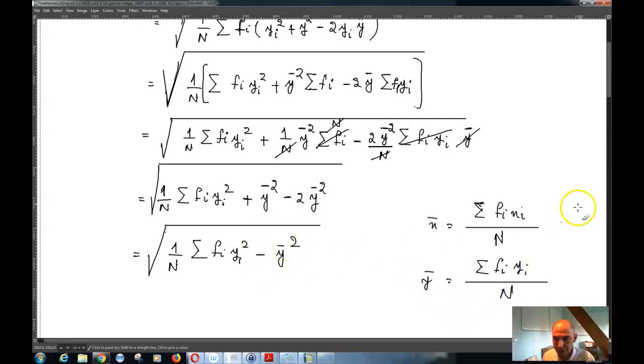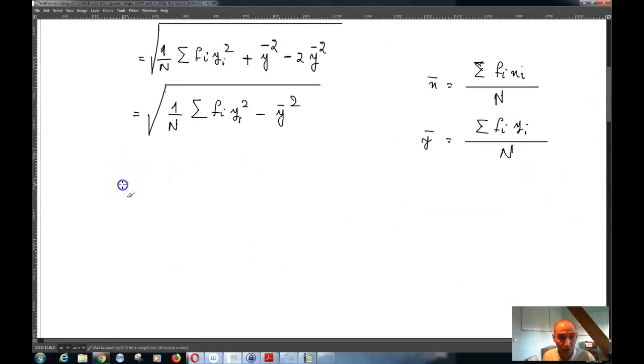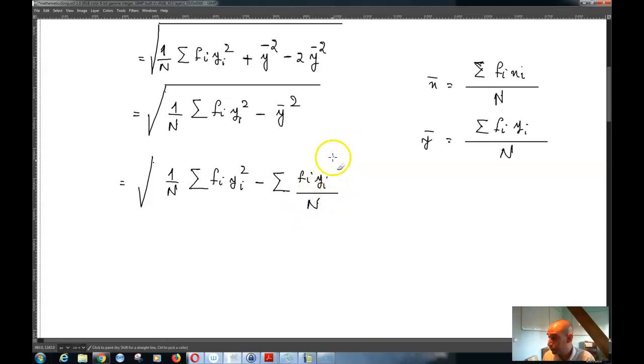So I can write over here the square root of 1 over n sigma of f of i y of i squared minus sigma of f of i y of i over n whole squared, take the square root of that.